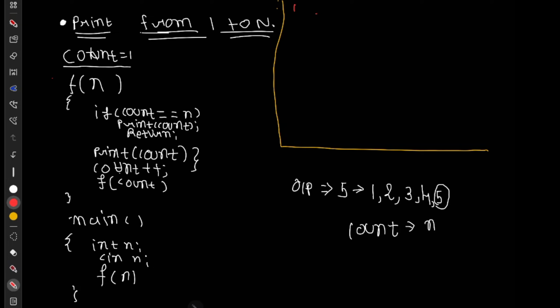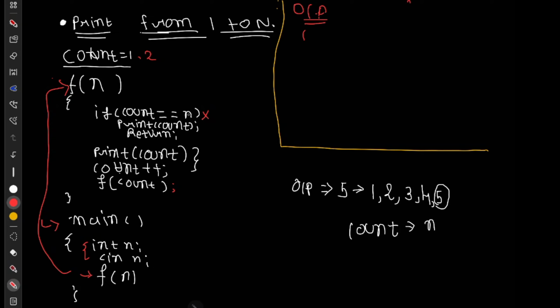How does it work? The first time, when the compiler comes here, these lines of code will be executed. In this function, the value of count is not equal to n. This condition is false. Print count. In the output we can see 1. The value of count becomes 2. And again this function is called.